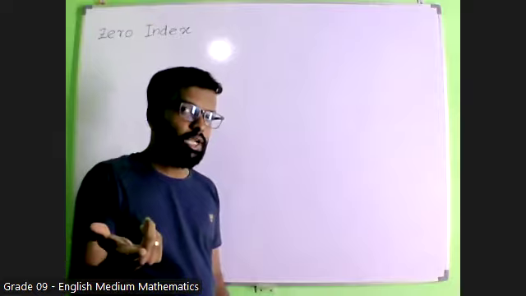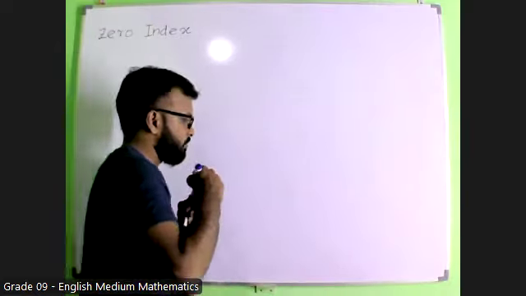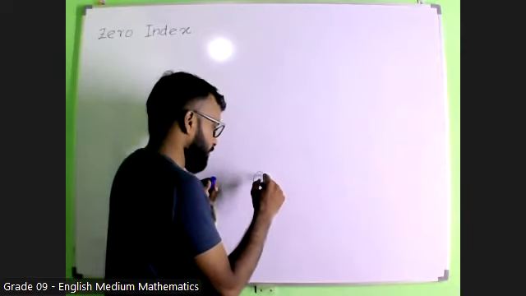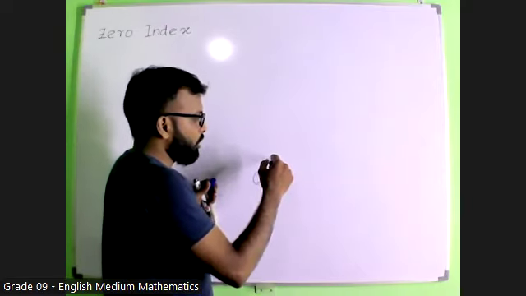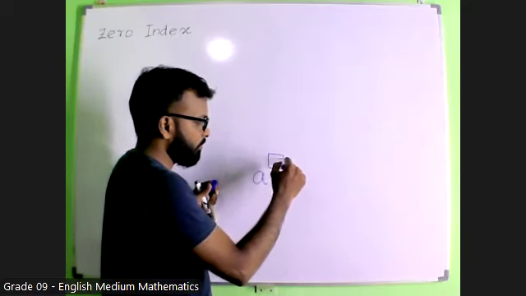Index becomes zero. That means the power becomes zero, right? So we have a base like A, and we are going to write down the power or the index here.